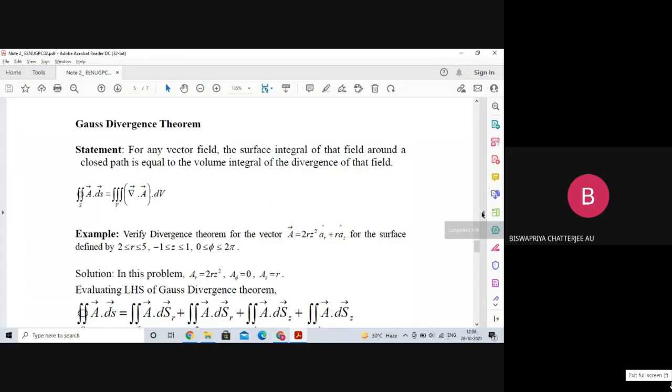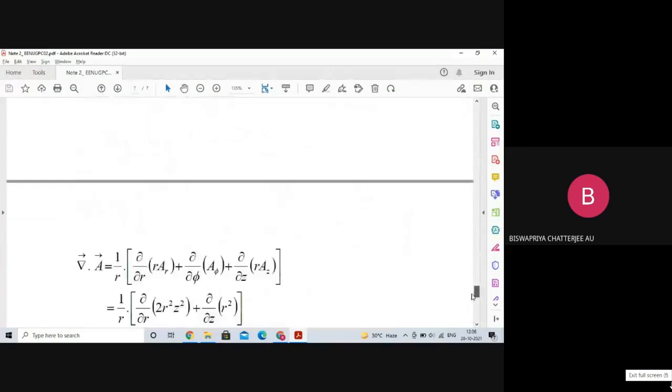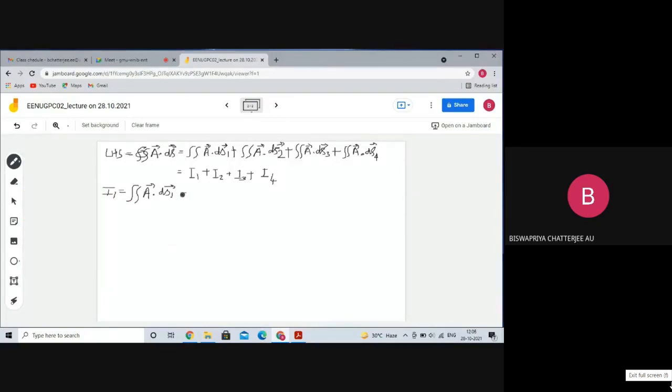Now if you go back to your differential line element, differential surface element, differential volume element, and search your note, you will find that your differential DSR is equal to R d phi dz AR cap.